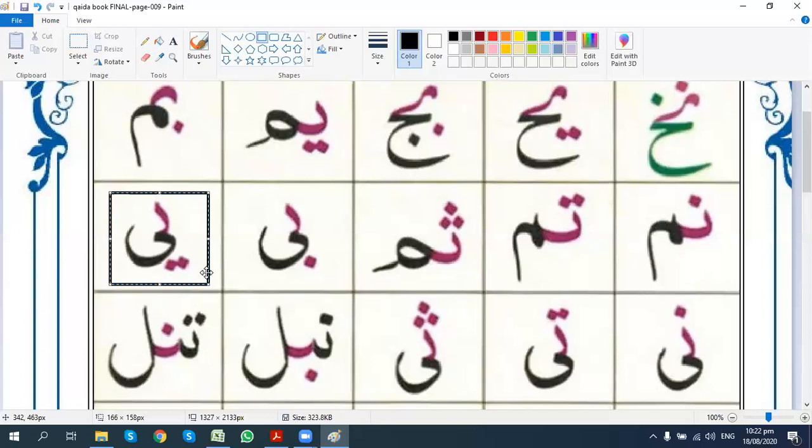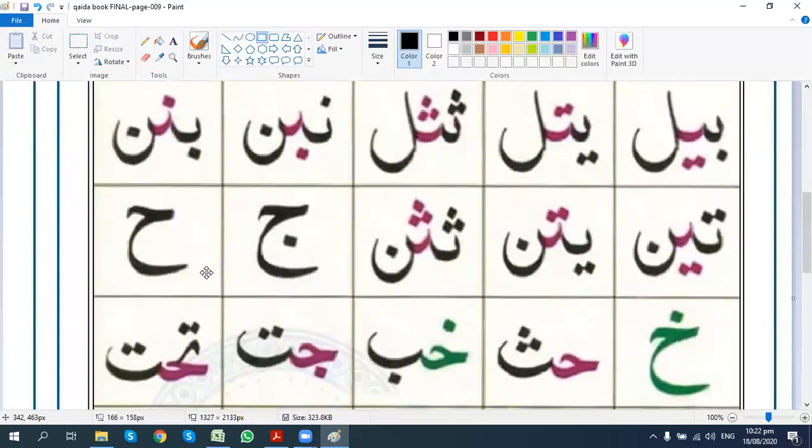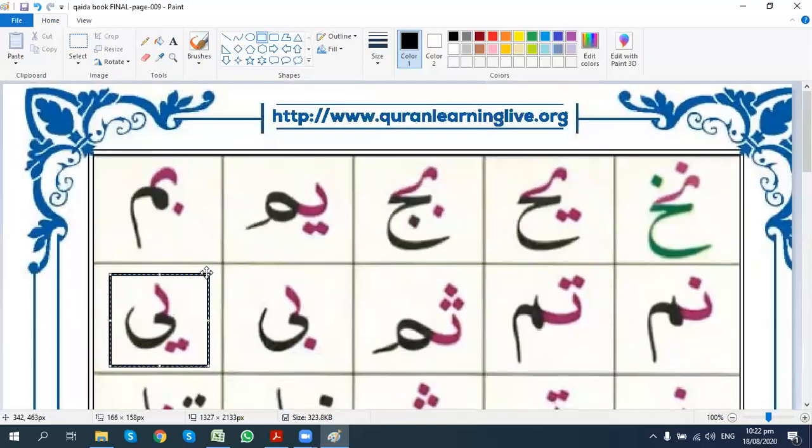In the next session, I will ask again, and you can tell me the reason why the ya has a dot sometimes and sometimes not.